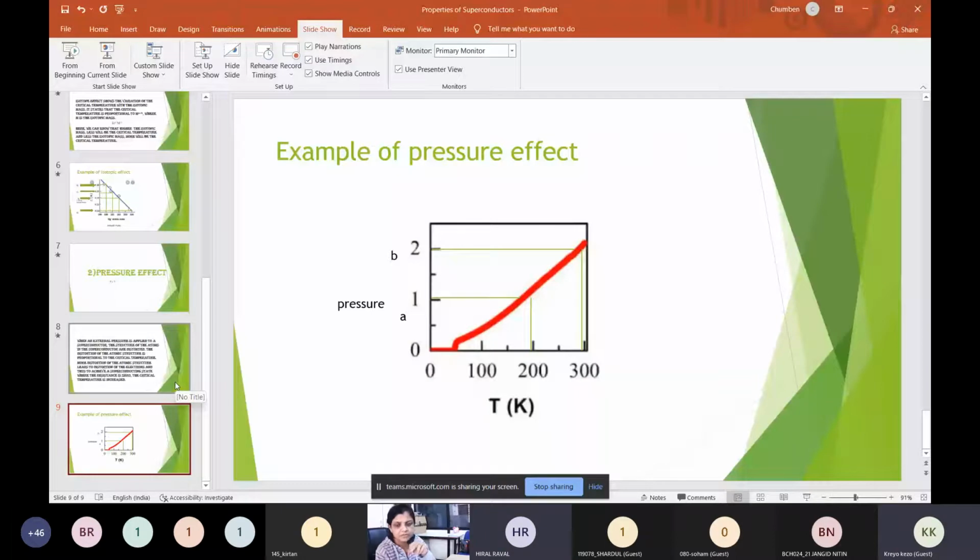Ma'am, that is what I feel, and the textbook says so, but maybe it might differ for another material. If the effect is different for different materials, or if it is a common effect: what I have heard or read is that when we apply pressure, the critical temperature goes down.